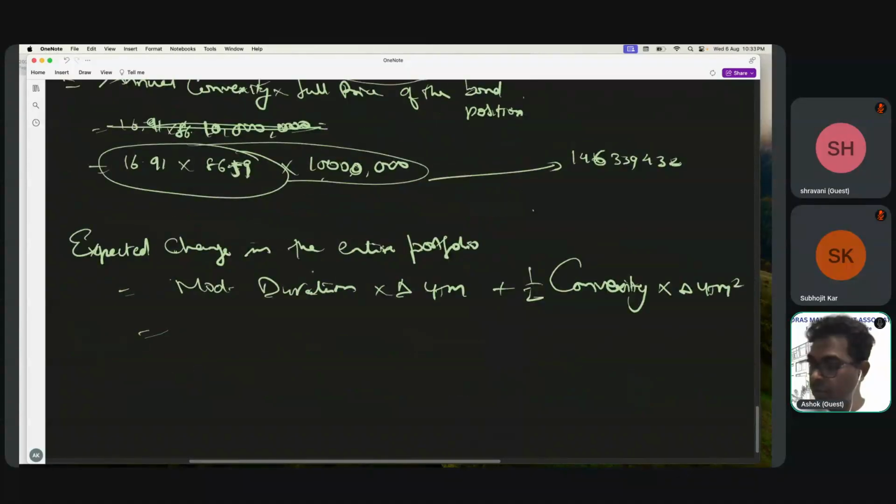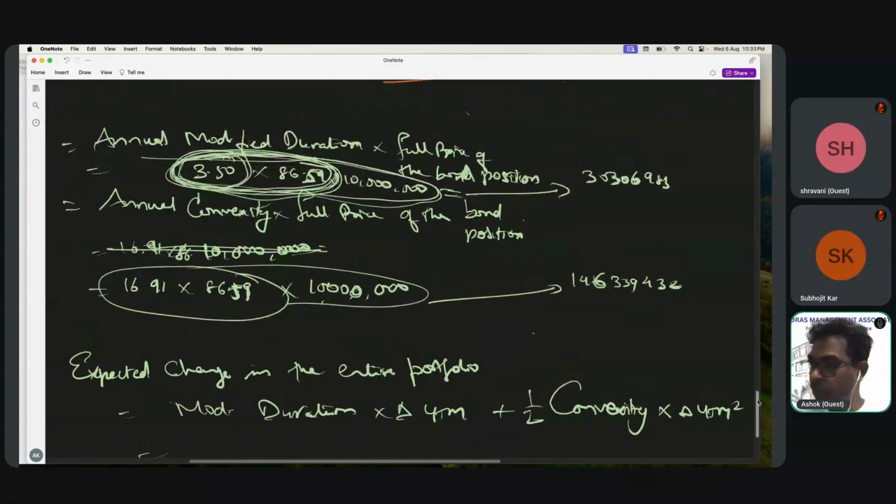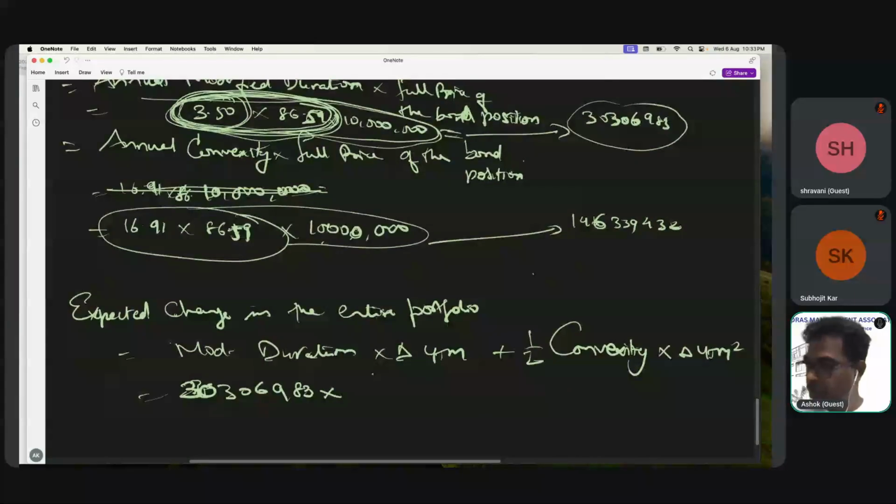So modified duration is this entire duration I'm going to take: 30,306,983 into delta YTM, which is 0.5 percentage.